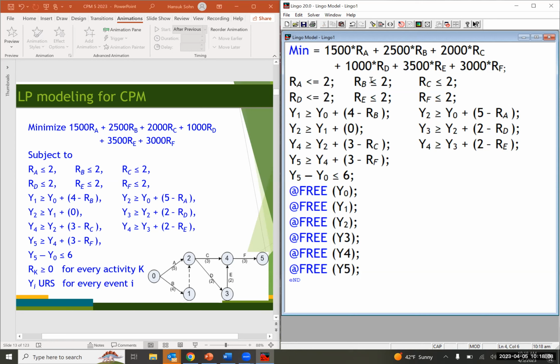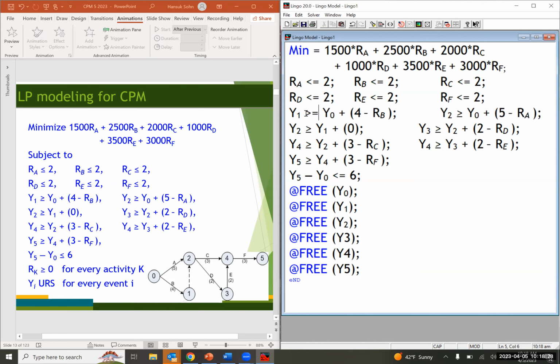So I need to replace all of this, and one more down here. Likewise, this has to be changed to the greater than or equal sign. So, okay, we are almost done.